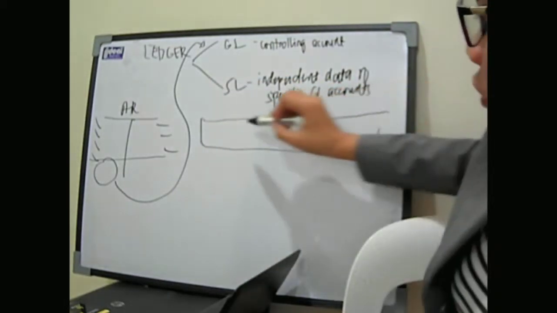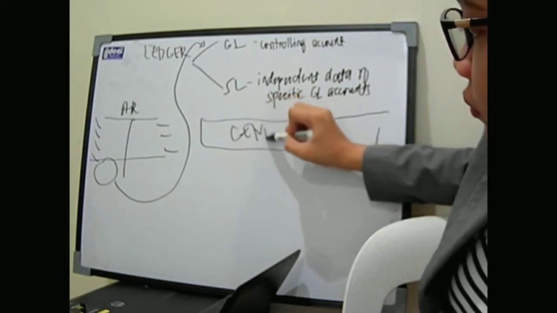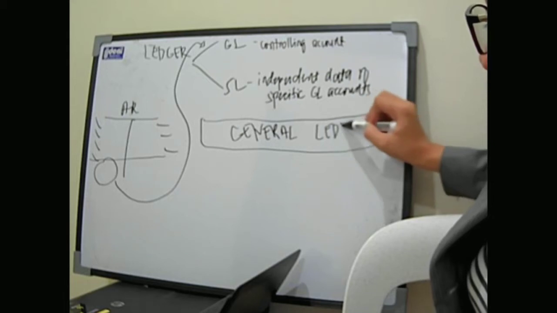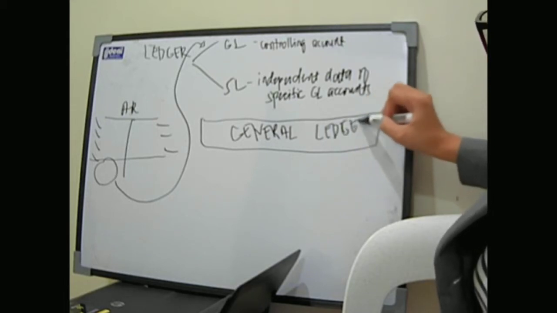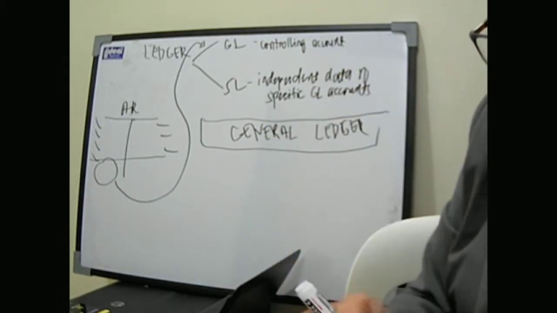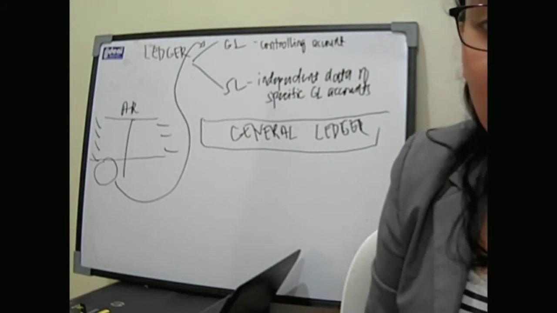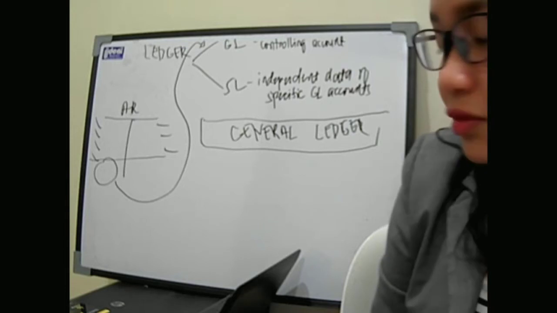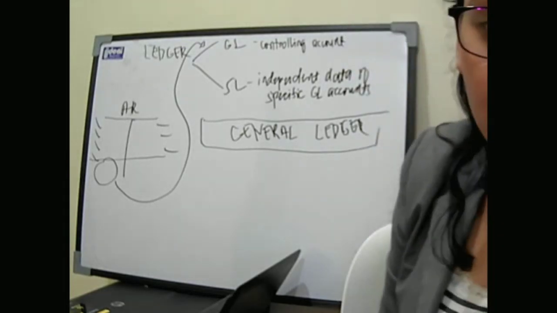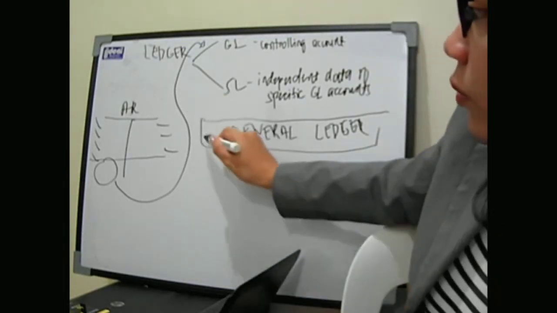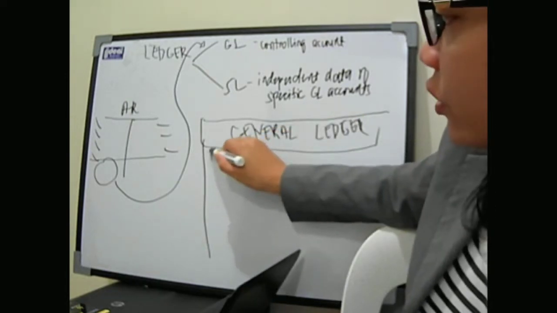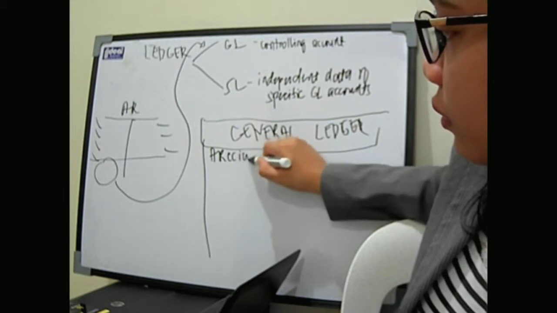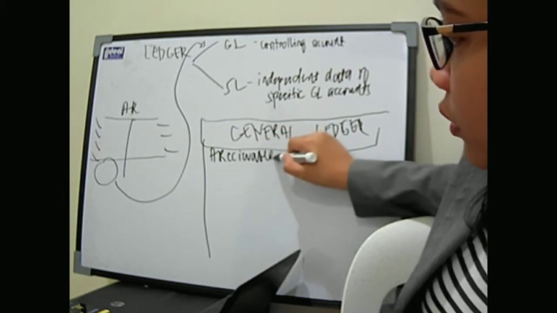So general ledger, this is the basic format of general ledger, in which we summarize or combine the transactions involving similar accounts. In our example, we use the accounts receivable, so this is the general ledger of accounts receivable.